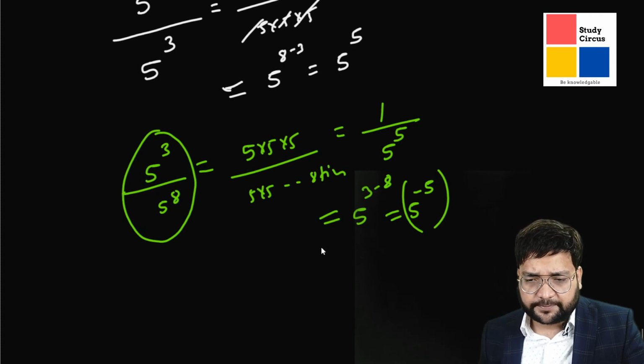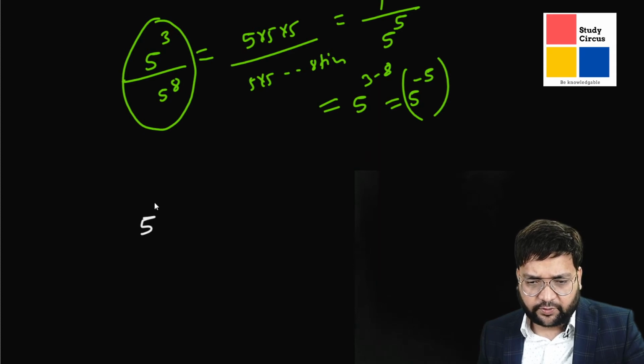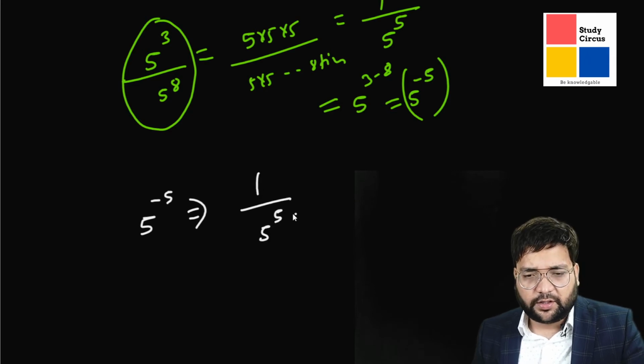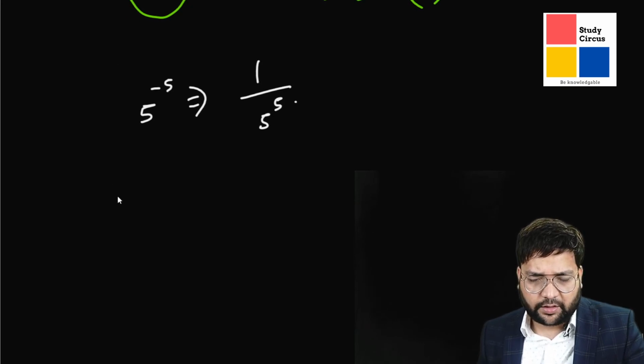So basically, 5 to the power minus 5 is the same as 1 upon 5 to the power 5. Fine. What is the value of this? The rule is a to the power m upon a to the power n is equal to a to the power m minus n.